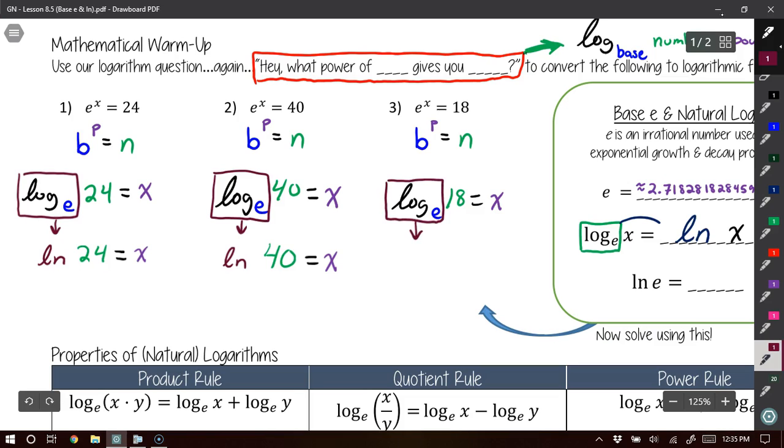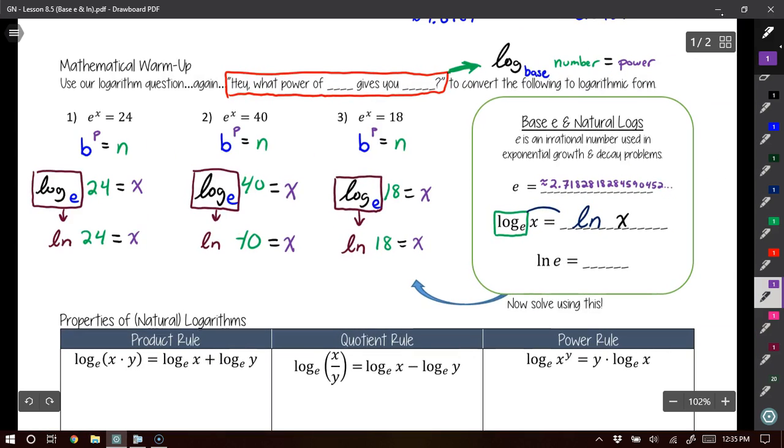Well, that's 4 letters. That's annoying. I only want to write down 2. So ln of 18 equals x. And so that is all natural log is. It's log base e. And we replace those 4 letters, L-O-G-E, with 2 letters, ln.